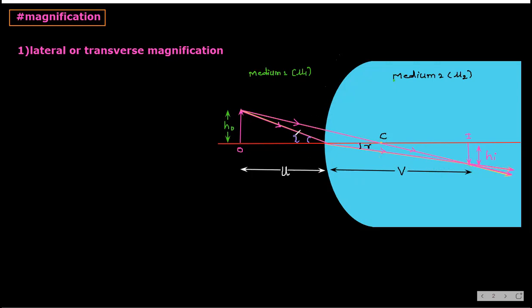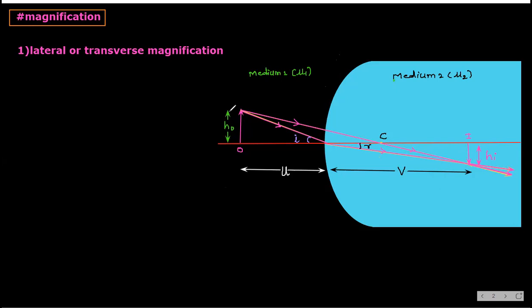Clear? I, R, HO, HI, all these things. So medium 1, medium 2, refractive indices, image formed. HI is the height of image, HO is the height of object.